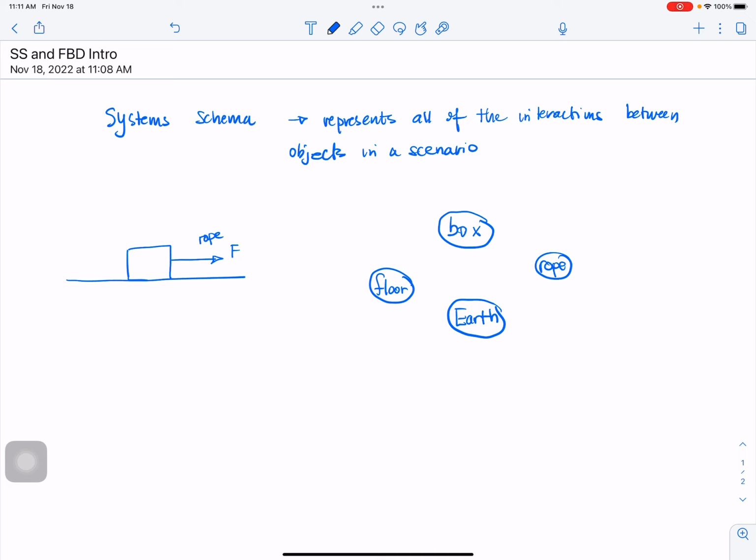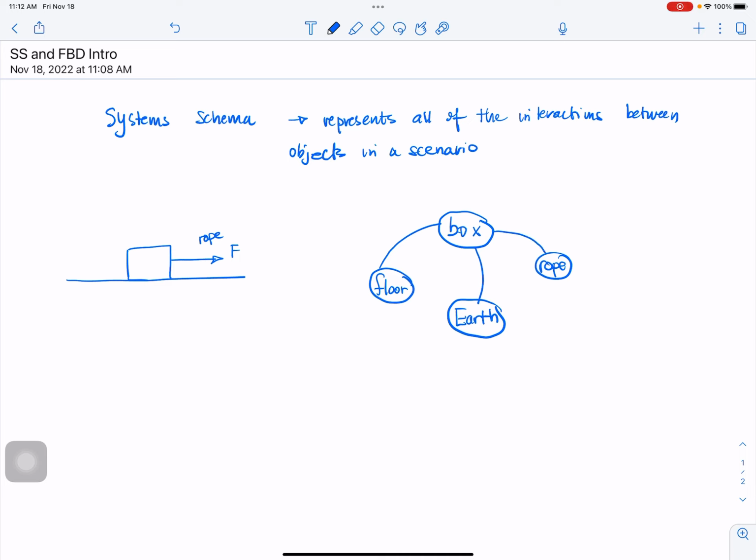letter. Next, you are going to connect the bubbles if the objects are actually interacting with each other. We know that the floor is touching the box, so I'm going to put a line there. The box is also interacting with the earth, and the box is interacting with the rope.